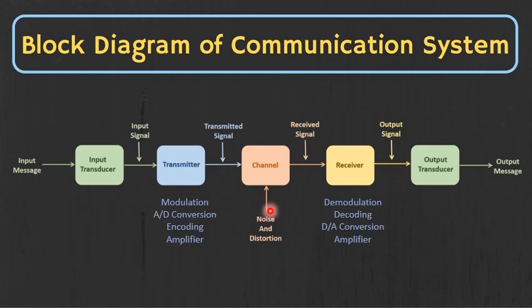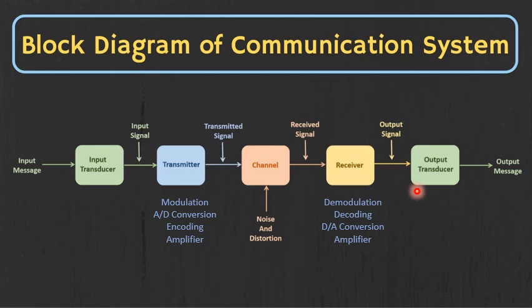Now at the receiver, the received signal is demodulated, and if the signal is in digital form, then first of all it is decoded, and using the digital to analog converter it is converted to an analog signal, and after proper amplification this signal is given to the output transducer.